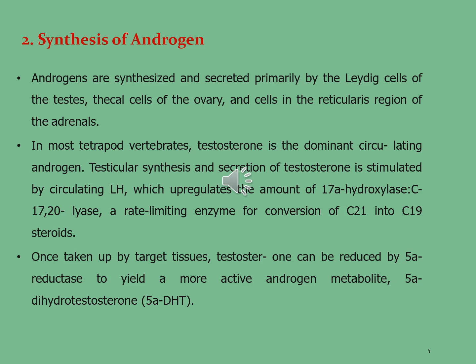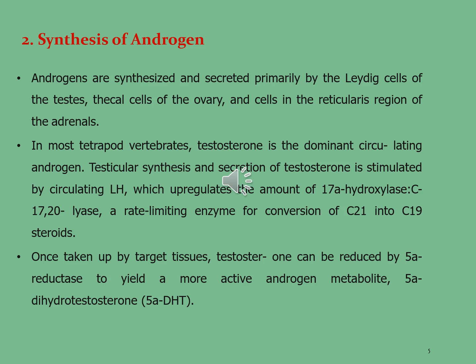Testicular synthesis and secretion of testosterone is stimulated by circulating LH, which upregulates the amount of 17 alpha hydroxylase, that is the carbon 17 carbon 20 lyase enzyme, a rate-limiting enzyme for conversion of carbon 21 into carbon 19 steroids.